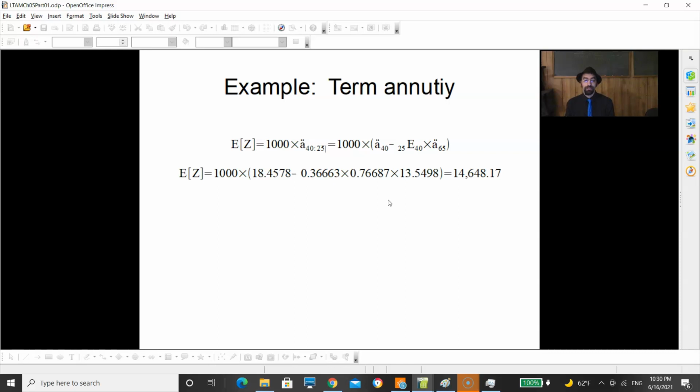So if I wanted something like this, right? A double dot x, a double dot 40 colon angle 25. I have to multiply by 1,000 because this isn't paying 1 per year; it's paying 1,000 per year.